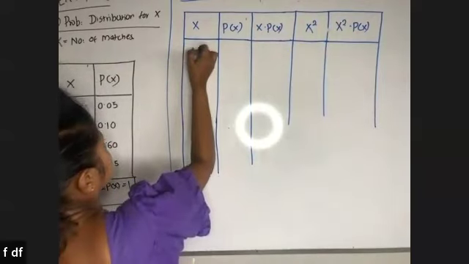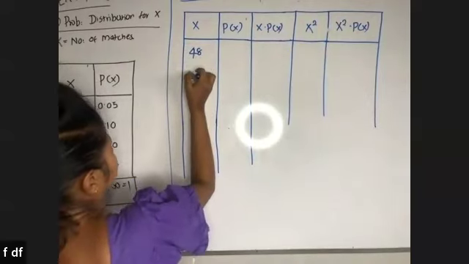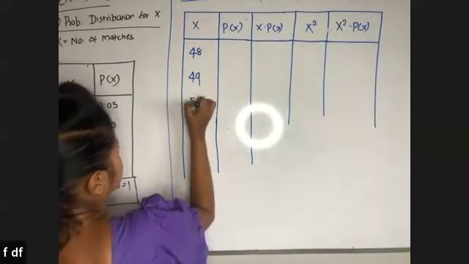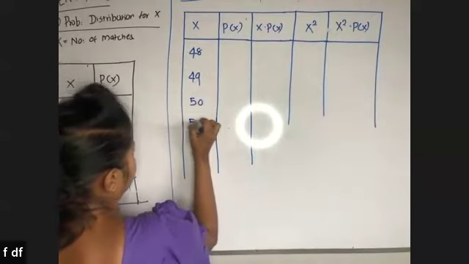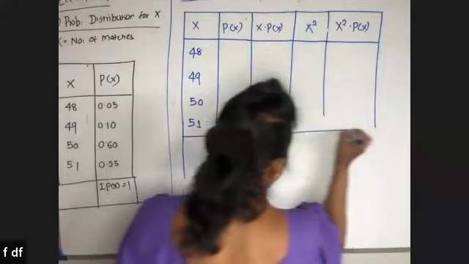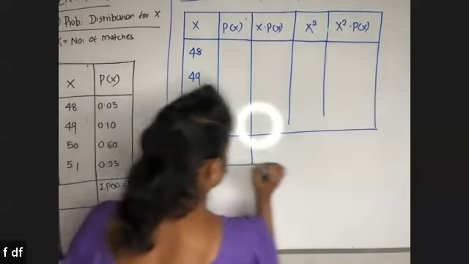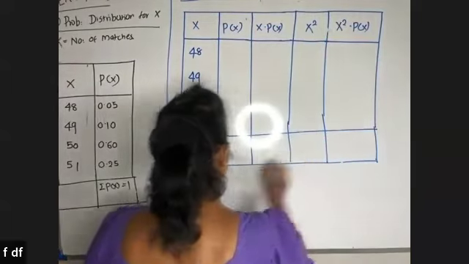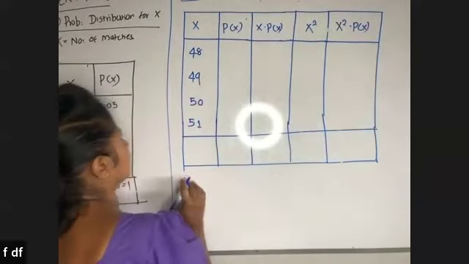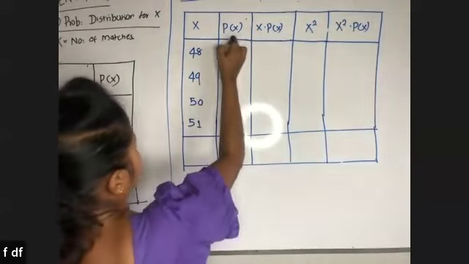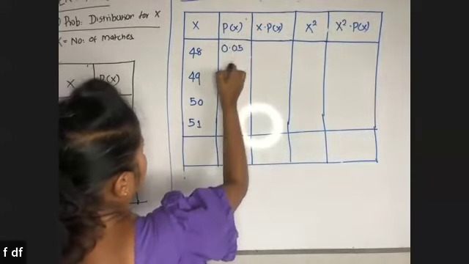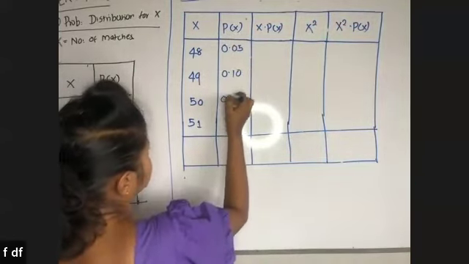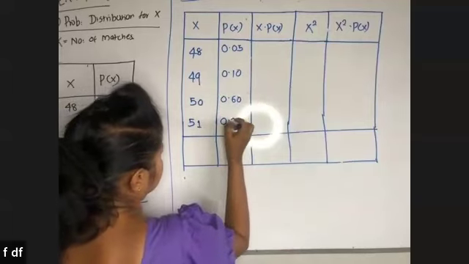X values are 48, 49, 50, and 51. So complete your table. X and P(x) are given: 0.05, 0.10, 0.60, 0.25.